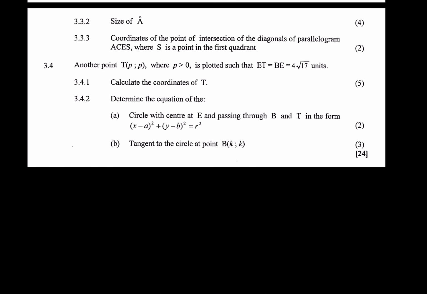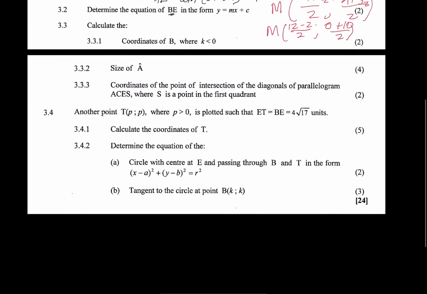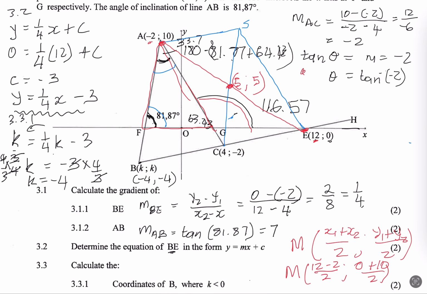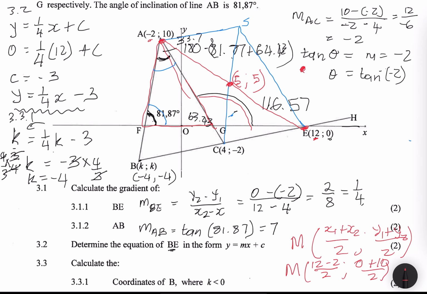They say it's plotted such that ET, so T is a point that we do not know. T could be any random point, just for argument's sake.